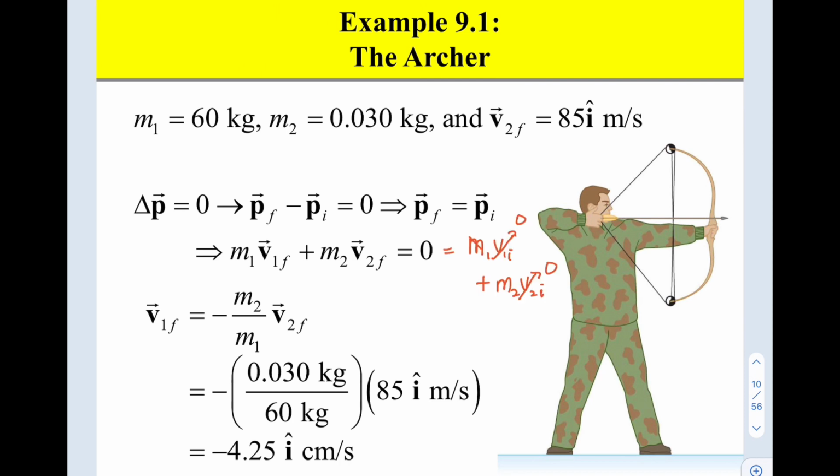Finally, the archer has movement, and the arrow also has movement. So based on this, rearrange the equation. Our interest is the velocity of the archer. Substitute, then you will have the final velocity of the archer, which is negative 4.25. What does negative mean? It means that it is to the left.